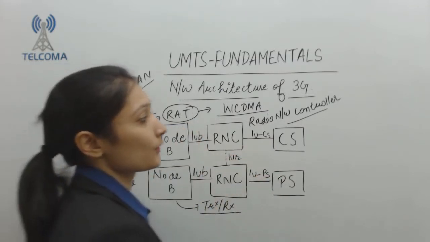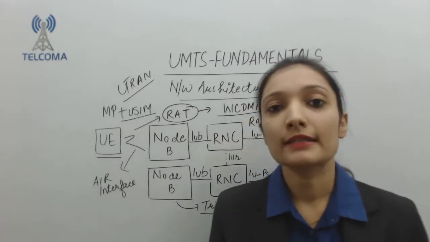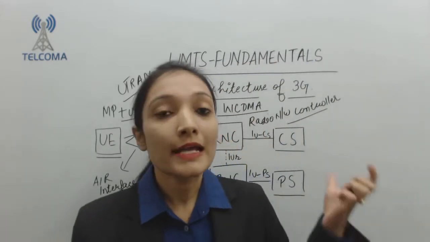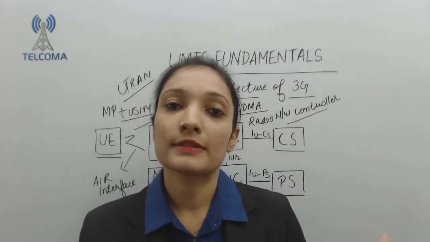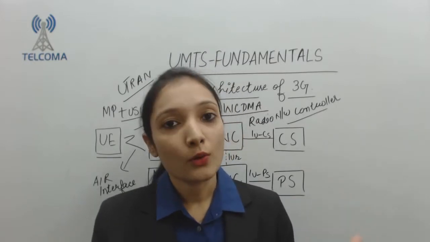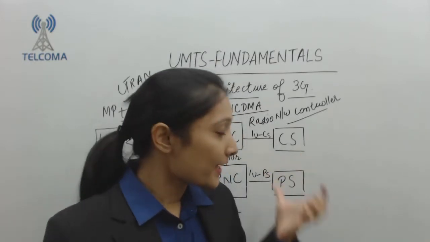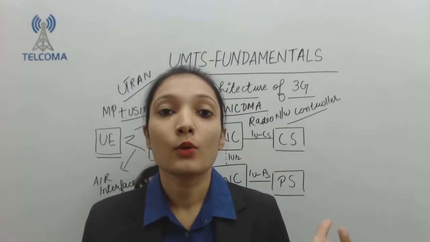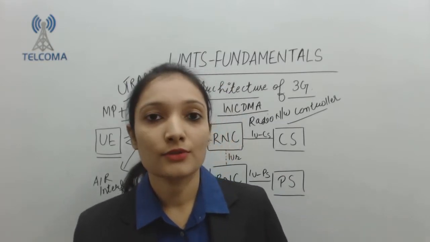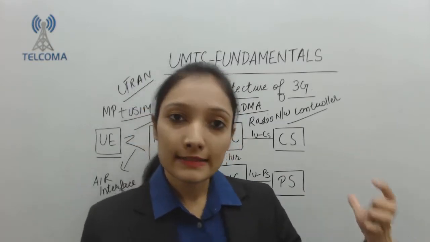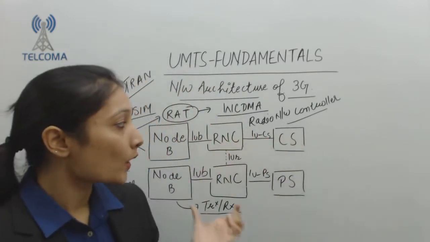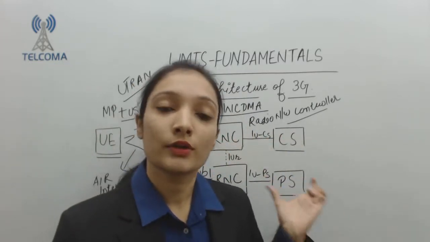So the radio network controller here is responsible for allocating or checking the various radio resources like time, frequency, and codes. The various parameters of the 3G systems like code allocation, call admission control, and load control are all checked by our radio network controller.